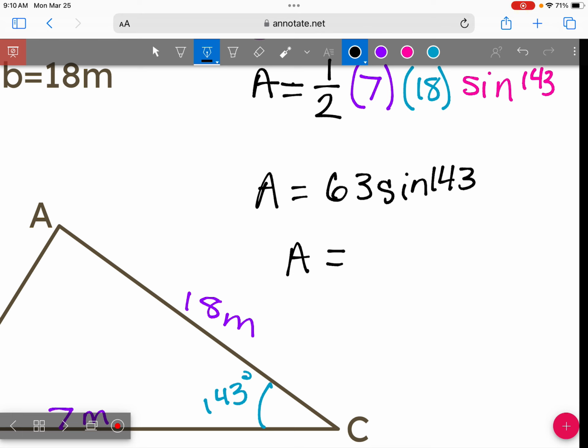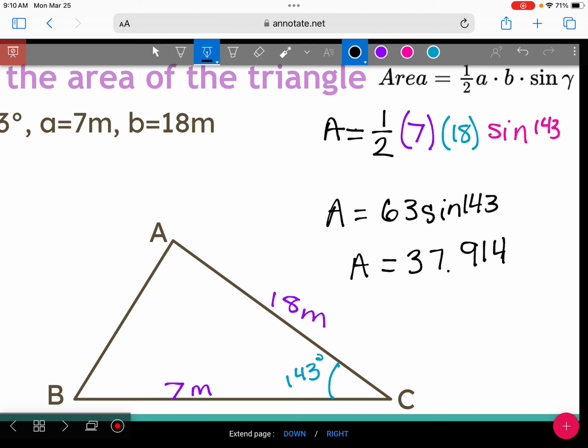Make sure you're in degrees. Our angle was given to us in degrees, so we need to make sure our calculator is in degrees. 37.914 meters squared.